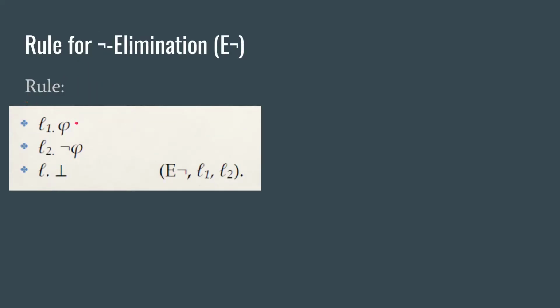So put more simply, if we assume phi and we can also get not phi, that is to say if we have some contradictory assumptions, we are then able to write falsum on a new line, and then we'll appeal to our elimination of negation rule.